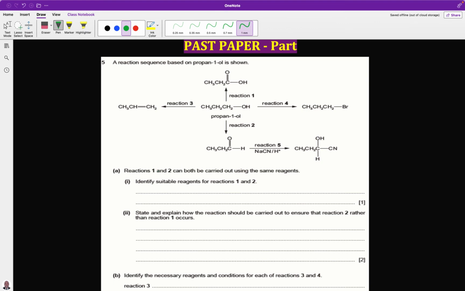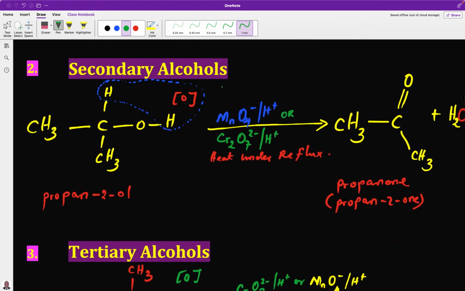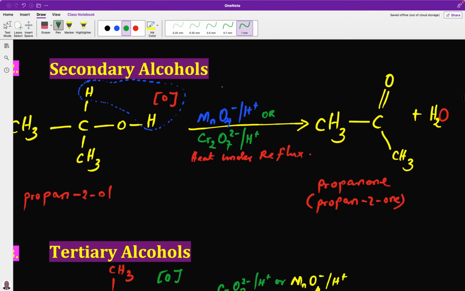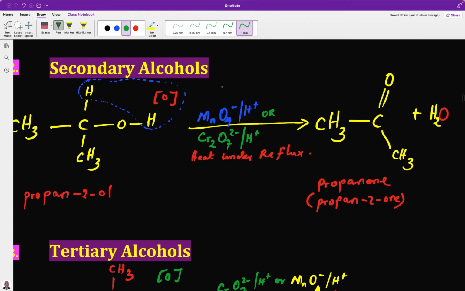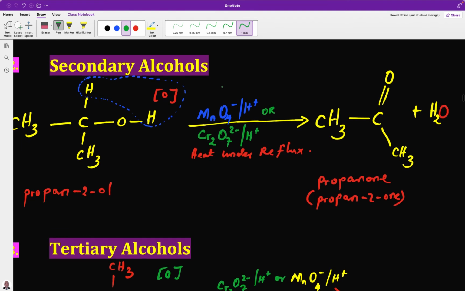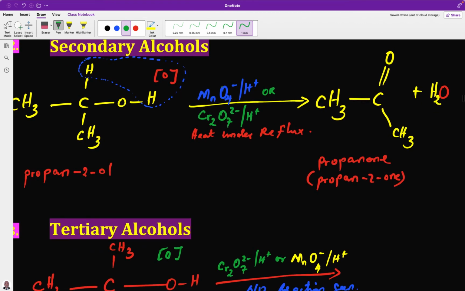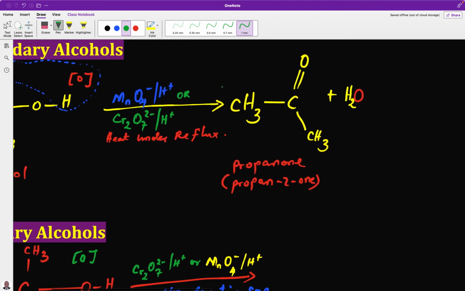Let's go to our question. A: reaction 1 and 2 can both be carried out using the same reagent. Of course, we have just done oxidation of primary alcohol there. Let me go back again. In the oxidation of primary alcohol, you see the reagents: acidified potassium manganate 7 solution, or acidified potassium dichromate 6 solution.